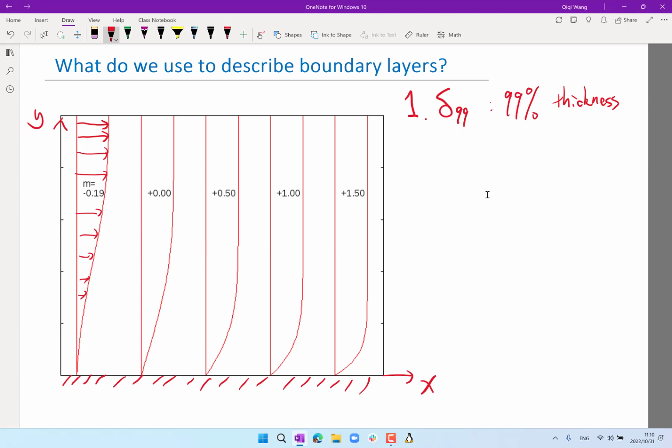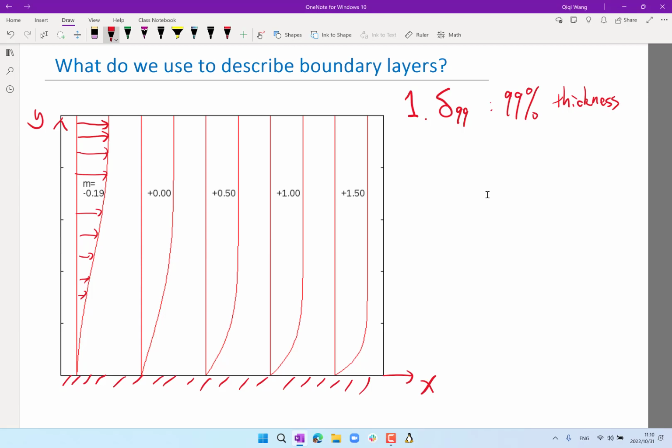It is the distance away from the wall beyond which the velocity is more than 99% close to the free stream velocity, the velocity away from the wall. It is very well defined if the free stream is uniform. If you have a flow on a flat plate, then only the flow very close to the flat plate has any velocity not equal to the free stream, so you can characterize it really easily.